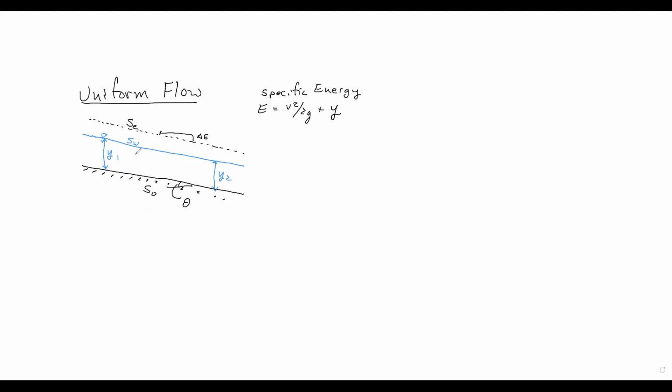We've got water flowing down, and the depths are the same over time. This is the slope of the energy grade line. So EGL is equal to P over gamma plus V squared over 2g plus z. And if this is our datum, we can just say this is 0 for our datum. So y is our z.